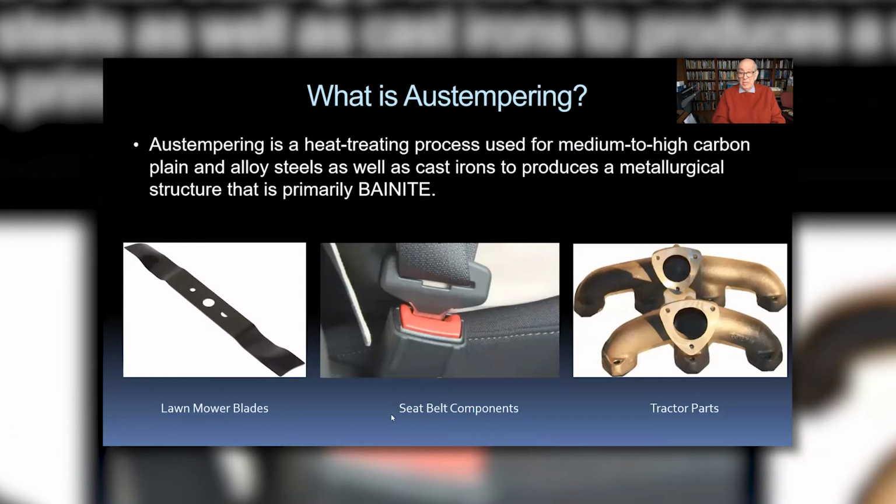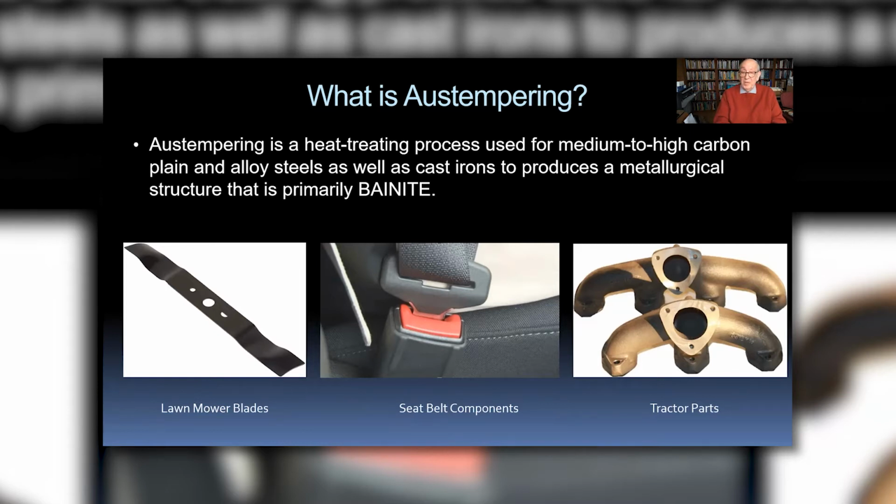And a good example of this might be the seatbelt components. We've learned to put on seatbelts. In my day, we didn't have them, but now we do. And we all learned to buckle up. If you get into an accident, you discover why your seatbelt is really your friend.